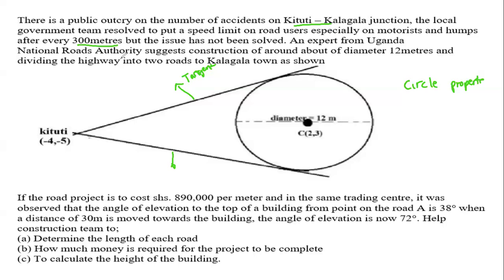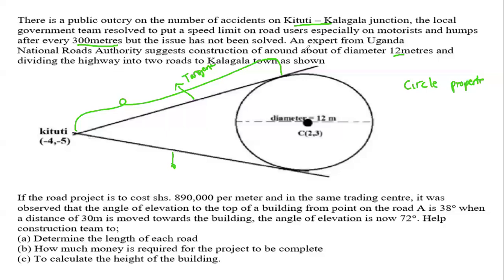An expert from UNRA suggests construction of a road of diameter 12 meters, dividing the highway into 2 roads to Kalanga town as shown. Now, they are asking us to determine the length of each road. How long will this road here be?